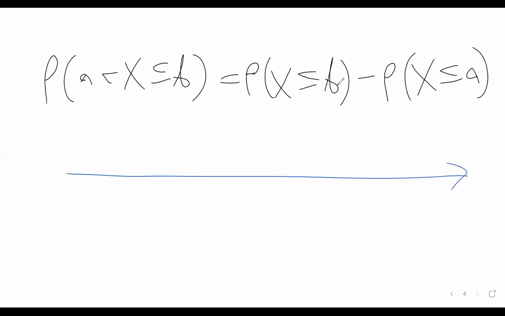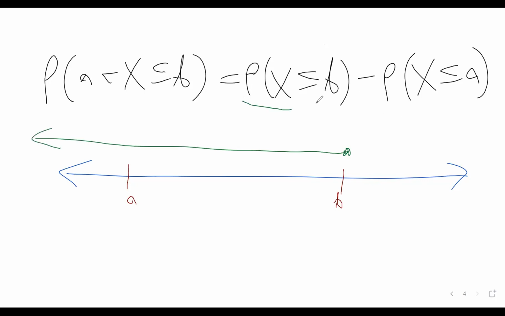If you have a line, and you have a here and b here, the probability that X is at most b would be the probability of this space, the green region.